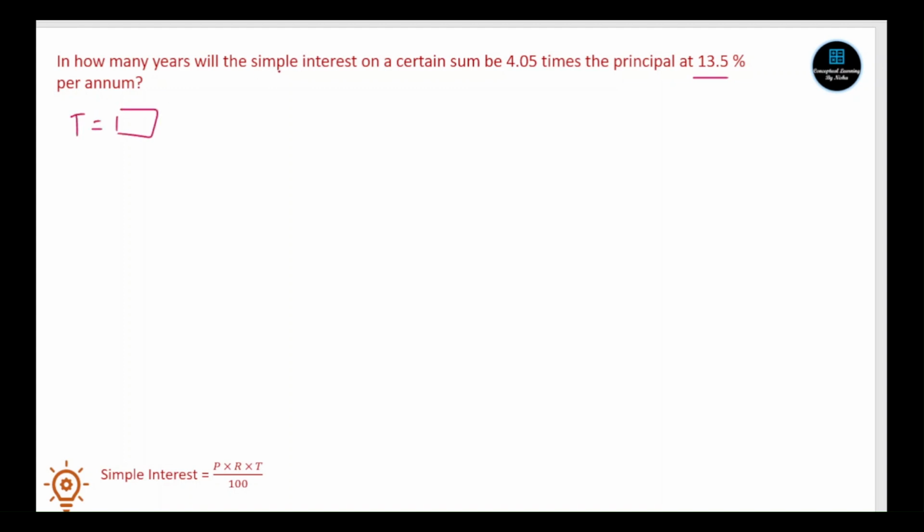Now they are saying simple interest be 4.05 times the principal. Means what? SI, let me write it here. SI is equal to 4.05 times the principal. This is given to us. Also, we are given the value of R. R is equal to 13.5%.